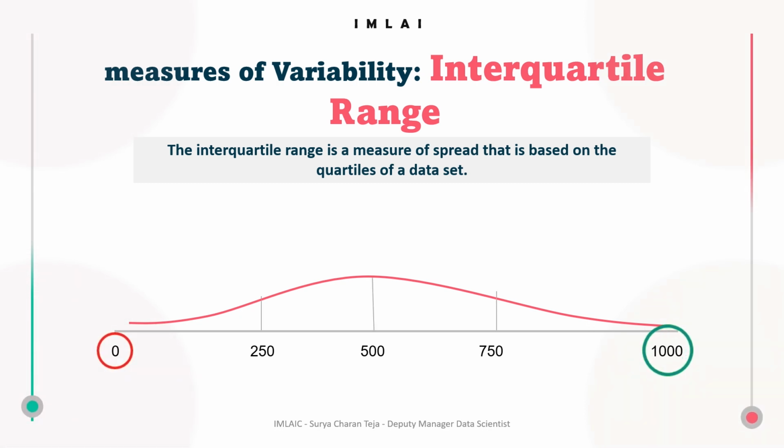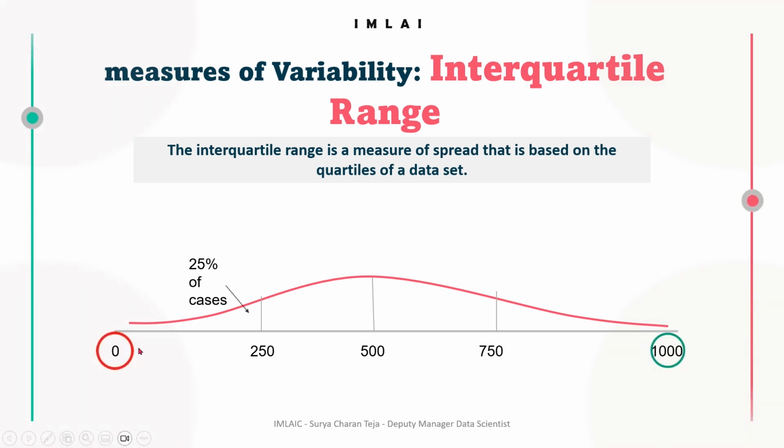Now let's take the percentiles. The 25th percentile is a quartile that divides the first 1 by 4th of cases from the latter 3 by 4th. The 25th percentile is equal to Q1.